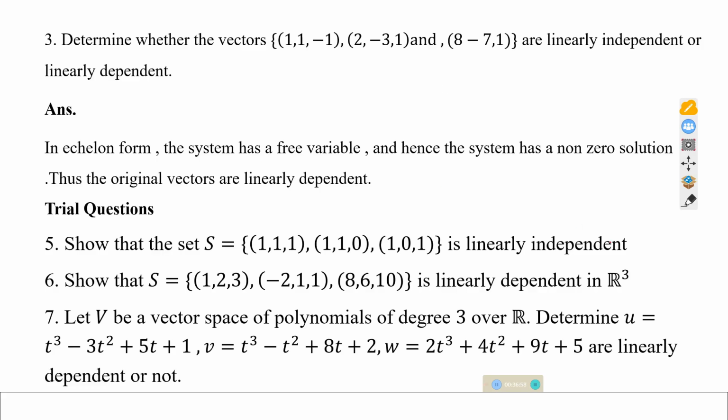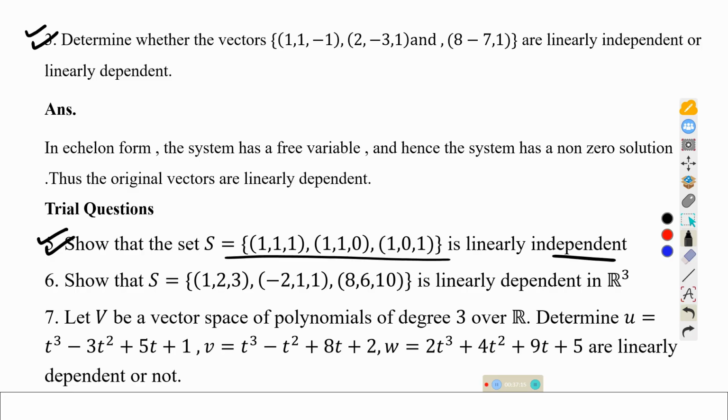You will try this one out using the same procedures that we did in our first example. So I want to try one example here where they are saying that show that this is linearly independent. So that is what basically we need to try together. And then you will be able to try this one out as well.